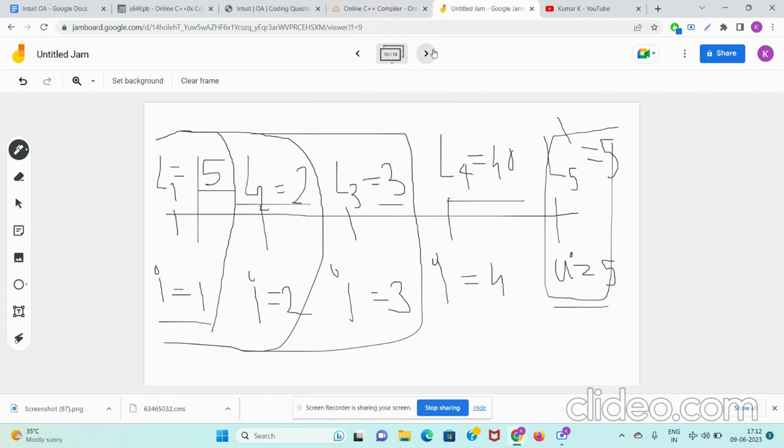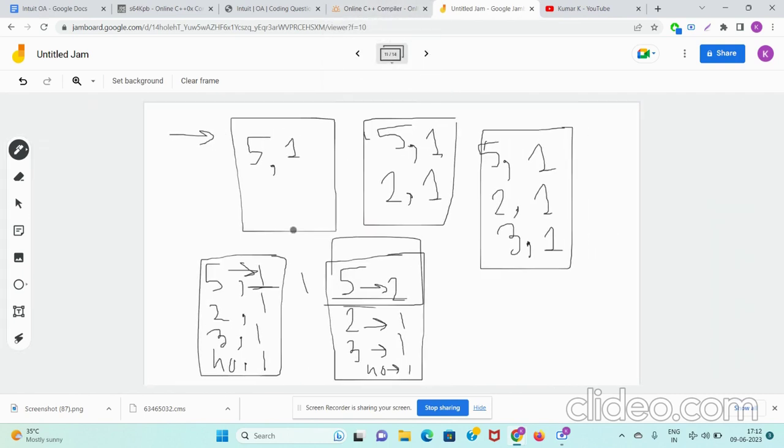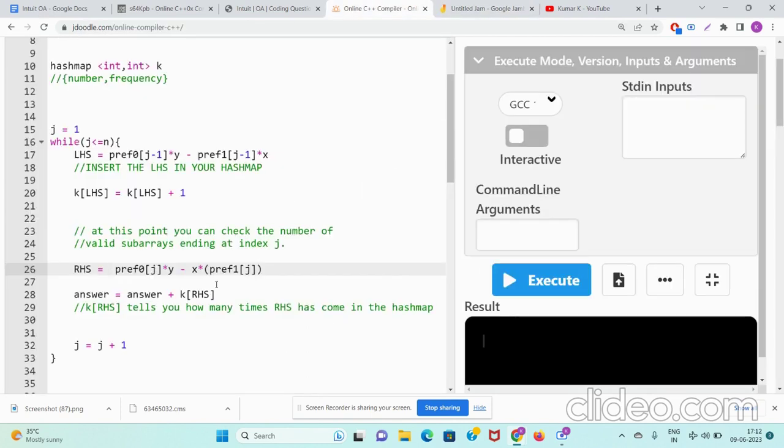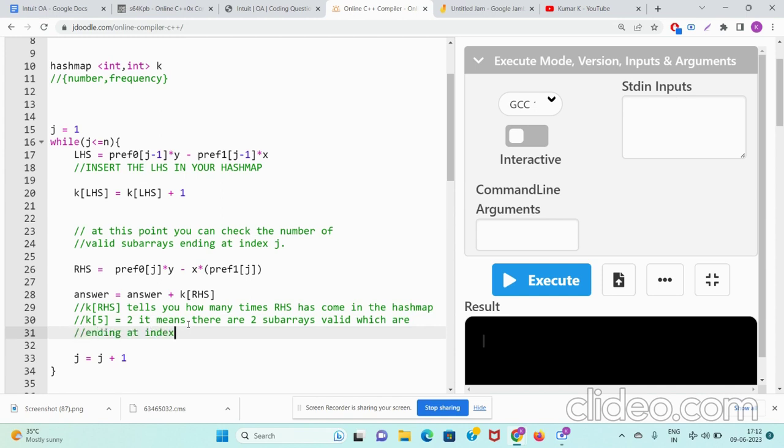K of 5, this is the K map, its name is K. K of 5 will be equal to 2. So there are two valid subarrays ending at index j. Okay guys, that's it.